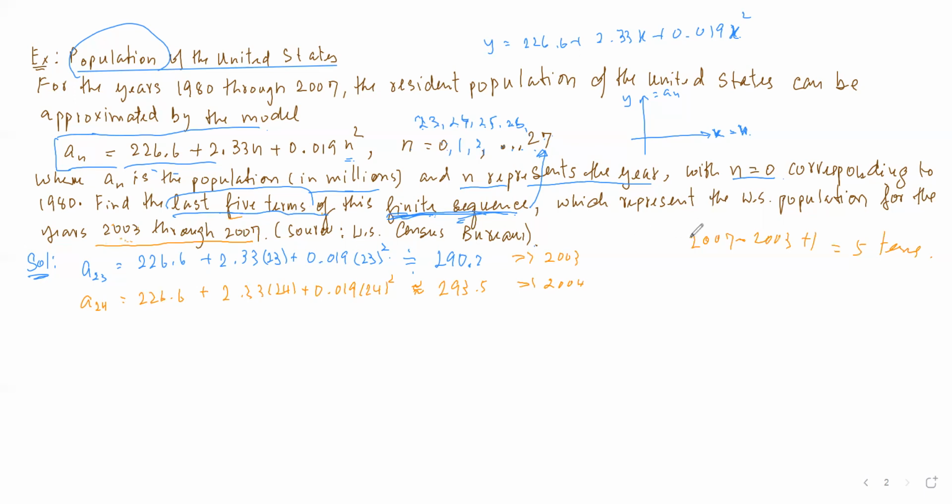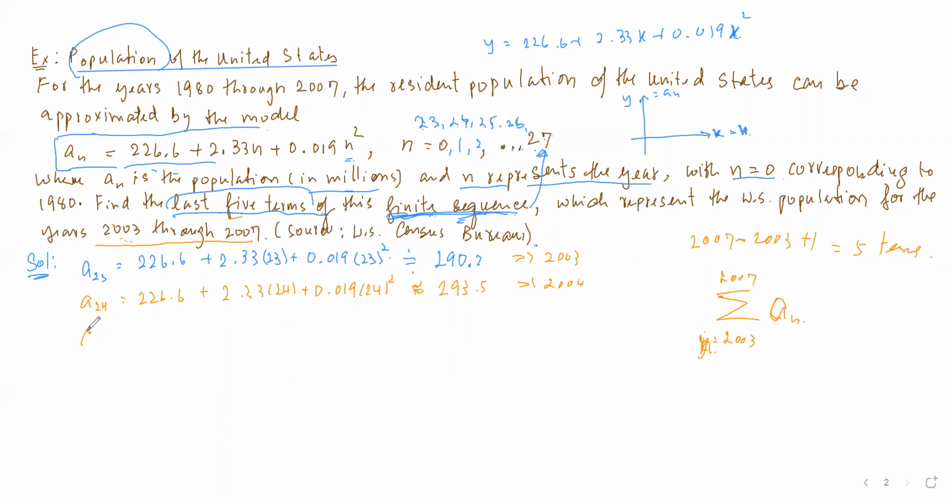Remember the formula, you can write it like sigma from 2003 to 2007 of the term, you can use a sub n. If they use n here, you have to use n here.